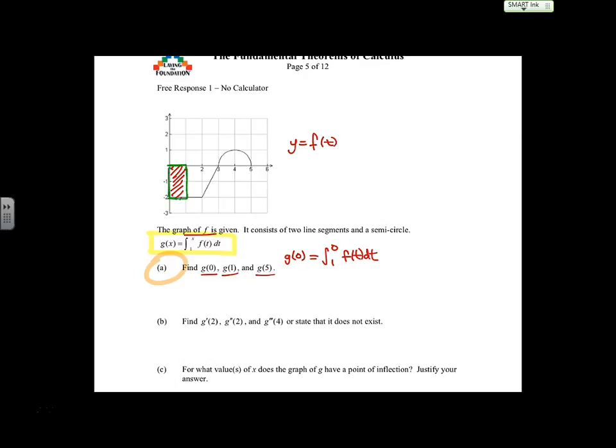Base times height. So a equals base times height, and what is the base of that rectangle? 1. What is the height? 2. But why am I going to put a negative in there? It's below, so I'm going to have the height be a negative 2. So g of 0 equals negative 2. Done.